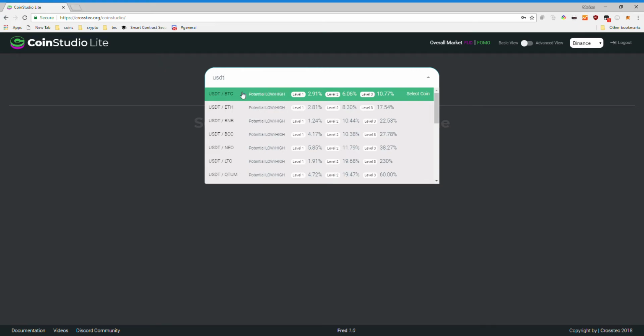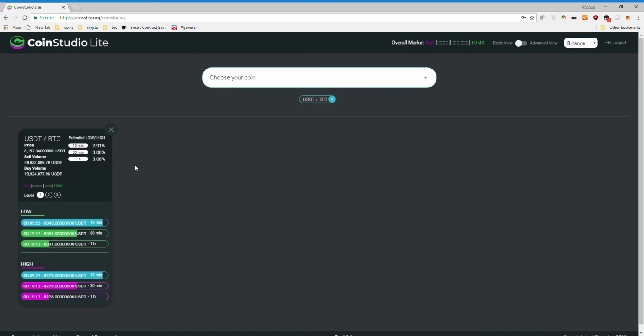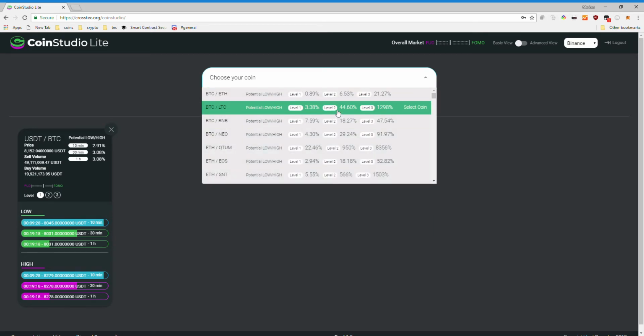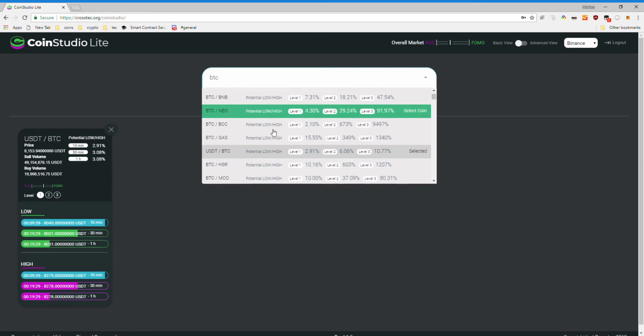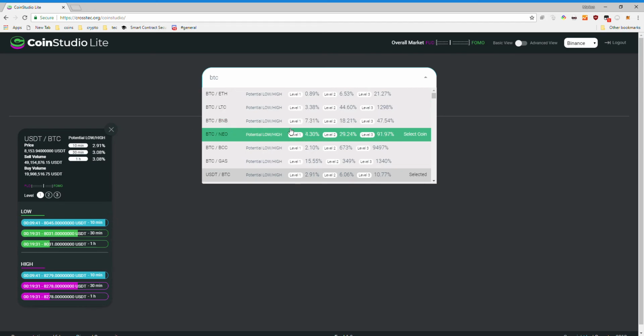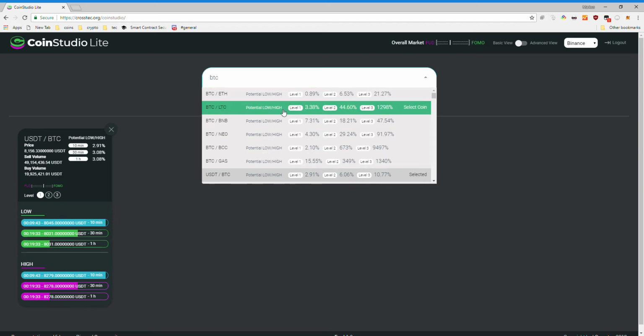You would simply search for it and choose it, and then it would be displayed here. But if you don't know what you actually want to buy, it's also very interesting to just search for a market, which would be BTC. Then you would get a list of all BTC pairs that are offered on the exchange.